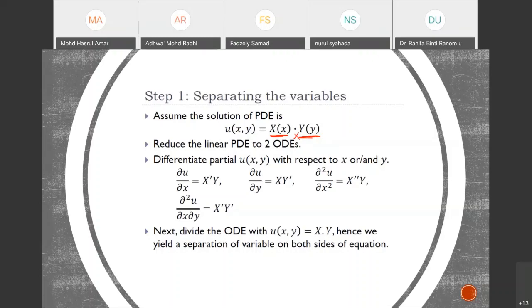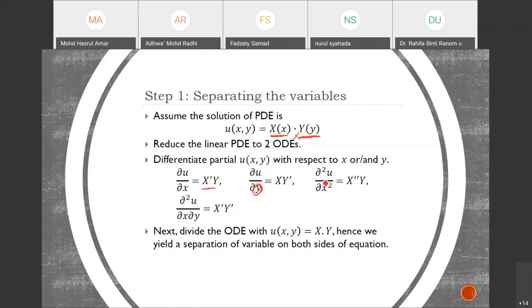Then del u del x: we differentiate u with respect to x, and Y remains constant. That's why when you differentiate, it becomes X prime Y. Why just Y? Because you differentiate u with respect to x. Can you understand? Now look at the second one, del u del y: X remains constant, and you differentiate Y and it becomes Y prime.